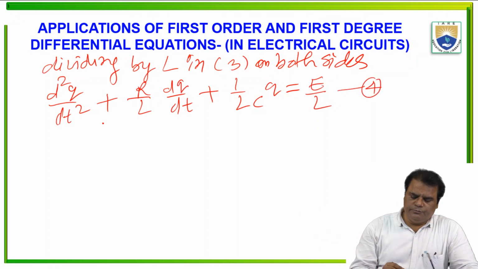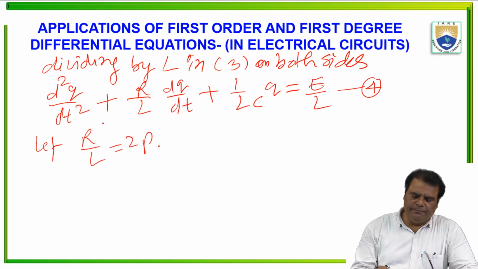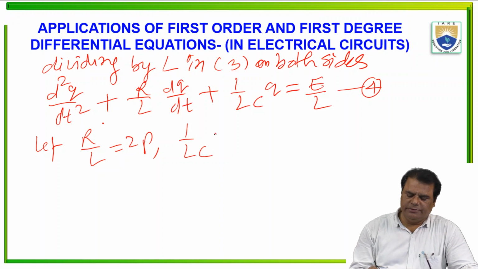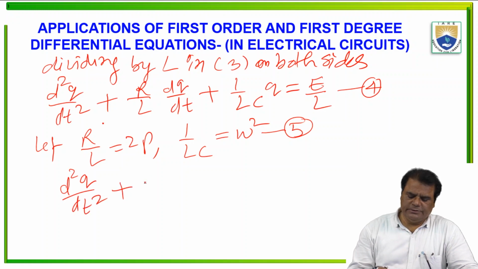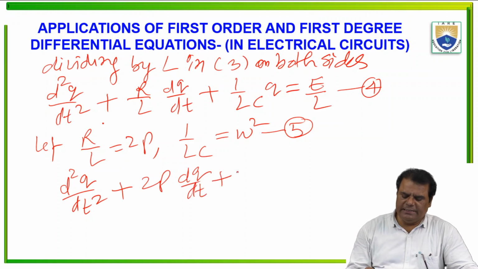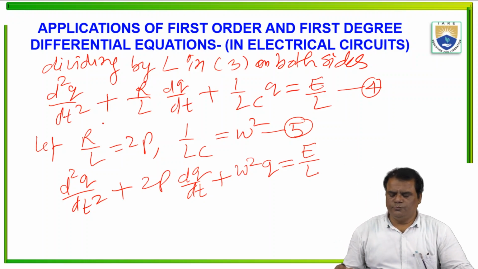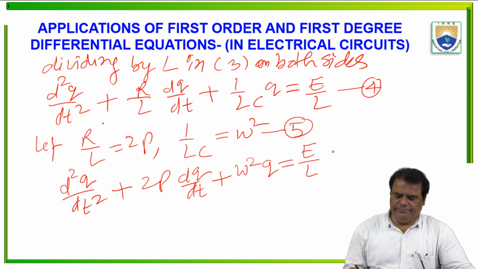Now let R by L be 2p and 1 upon LC be w square. This is equation 5. Putting this result here, d2q over dt2 plus 2p dq over dt plus w square q equal to E by L.